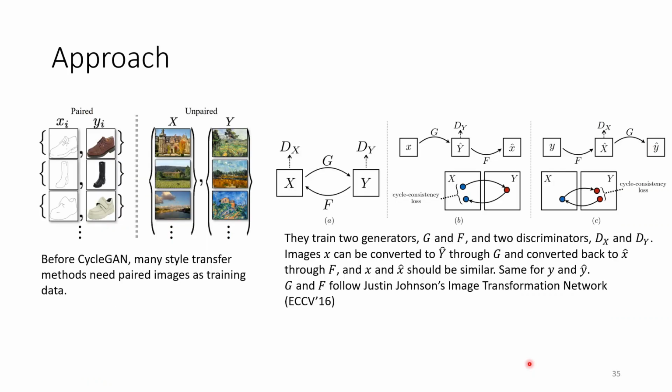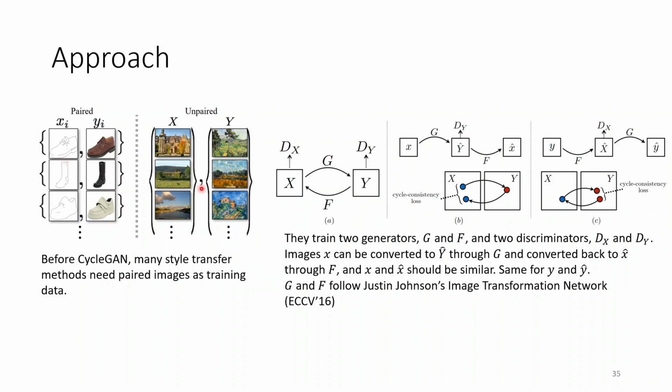Before CycleGAN, many style transfer methods needed paired input images as training data. So what is a paired image? This is a sketch and this is a real image. They share the same shape. And this is another. So they need many paired images to train their GAN.